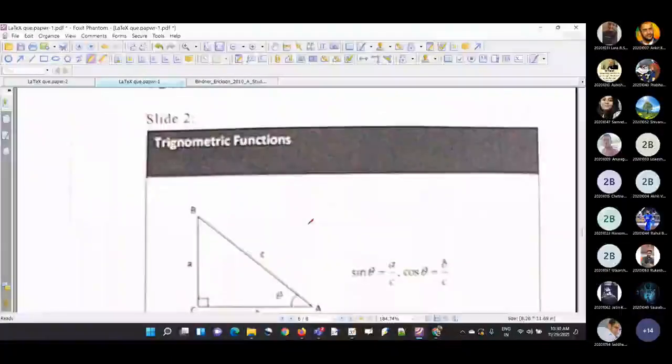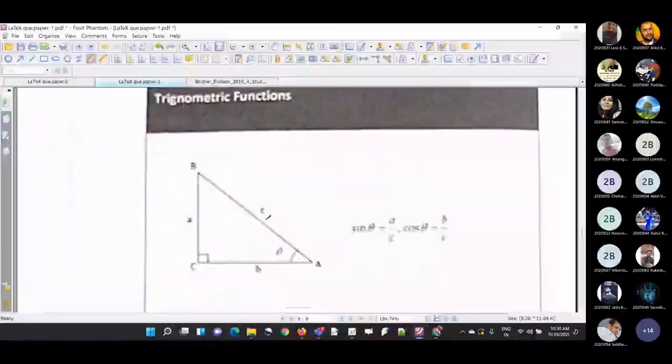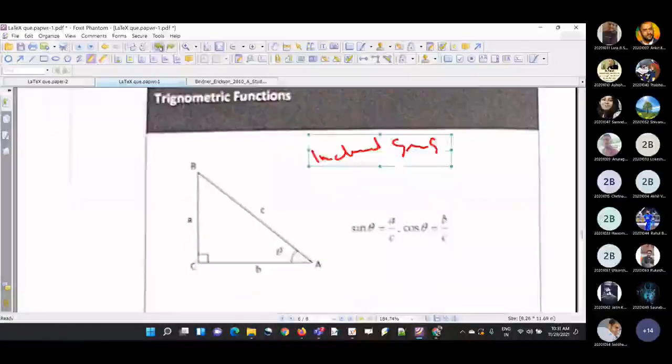Fine. And then for this trigonometrical function, in the second slide, they have this kind of thing. So what can you use? You can either use a code you have learned in PS6, or another way, you can make this picture. You can use includegraphics.